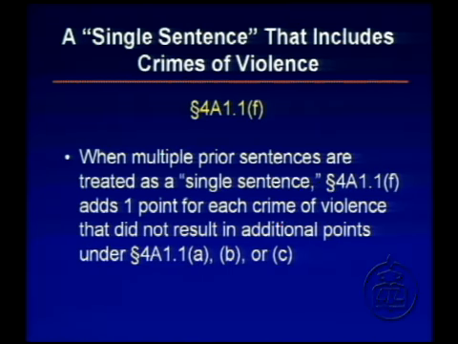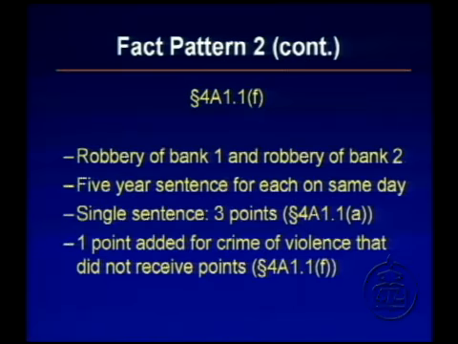So again, looking at fact pattern number 2, we have the robbery of Bank 1 and the robbery of Bank 2, again sentenced on the same day, not separated by an intervening arrest, 5-year sentence on each of them, a single sentence as we've already determined for 3 points. But because of 4A1.1(f), the guidelines would have us add an additional point to this prior sentence, these two prior sentences treated as a single sentence.